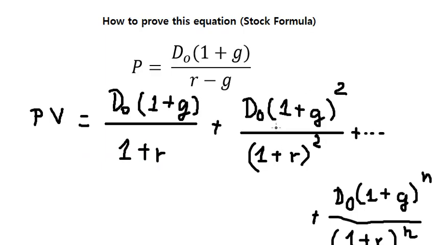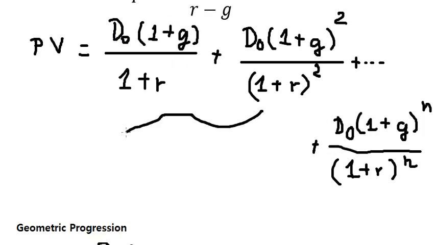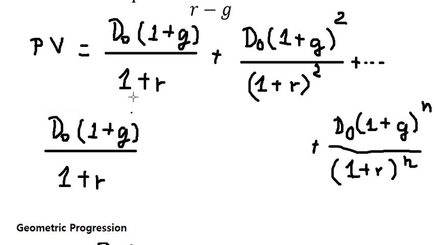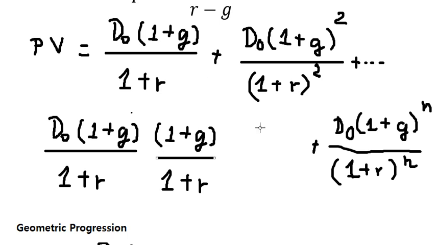So we can see that for year number 2, it will be multiplied by 1 plus g over 1 plus r. So here we can write it like this. So this is for the second year.